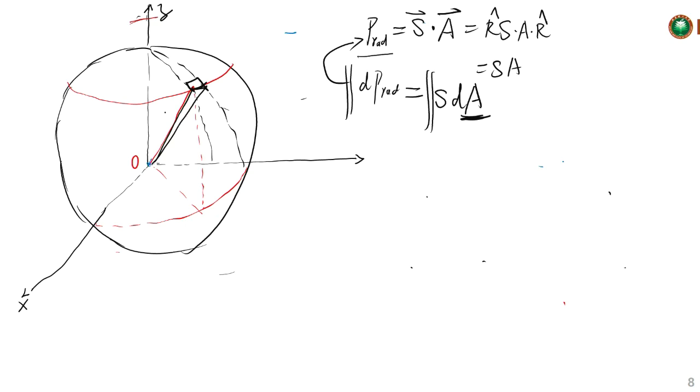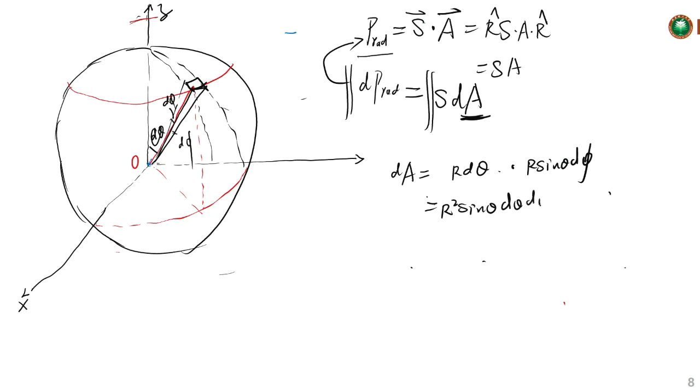So this small side is d theta, and this small side is d phi. So dA can be expressed as r d theta times r sin theta d phi, so it becomes r squared sin theta d theta d phi.